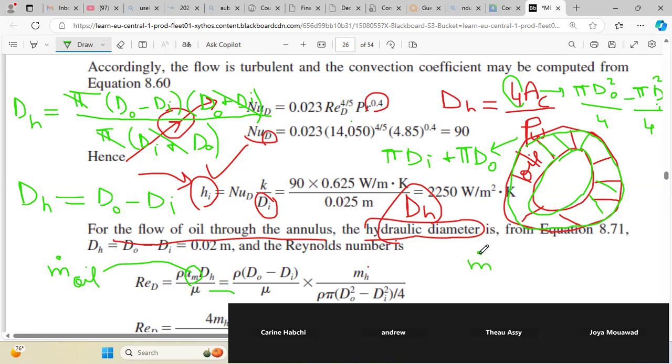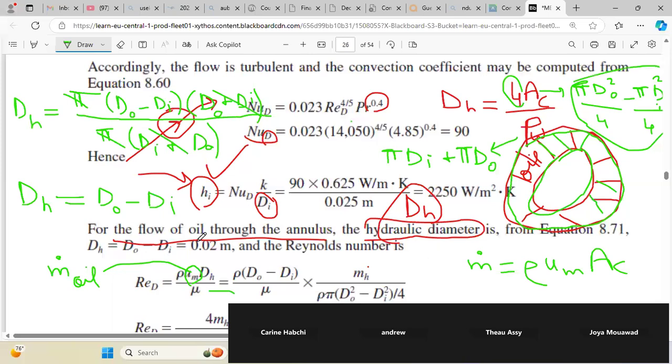The mass flow rate is equal to rho times the mean velocity times the cross-sectional area of the annulus, okay? So here we have already determined the cross-sectional area of the annulus. The cross-sectional area of the annulus is pi d outer square minus pi d inner square over 4. This is the cross-sectional area, okay?